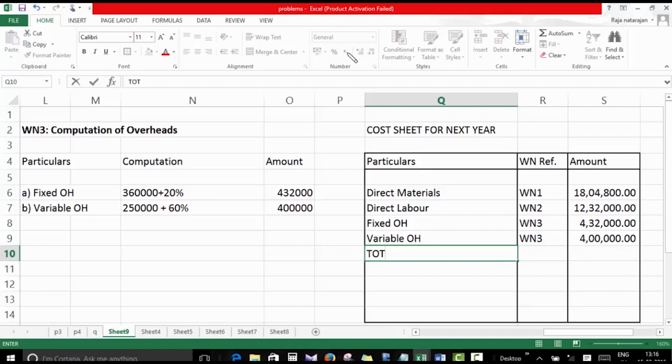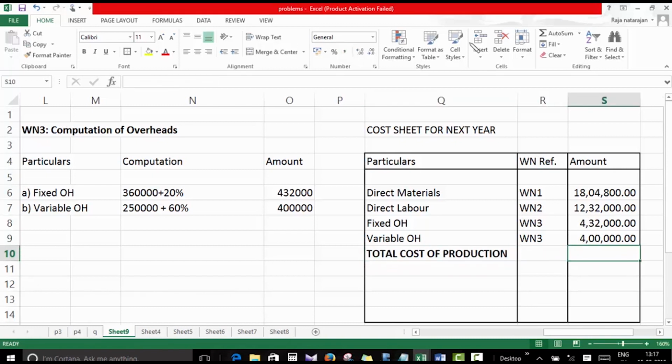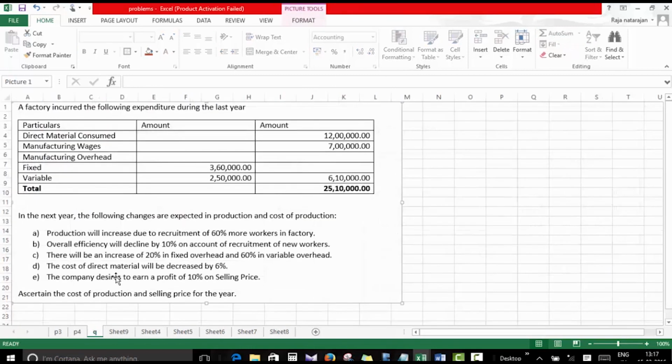Let me write total cost of production. Total cost of production is 38,68,800. Now, with this, we have to add profit. But what is the information we have in the question? The company desires to earn profit of 10% on selling price.